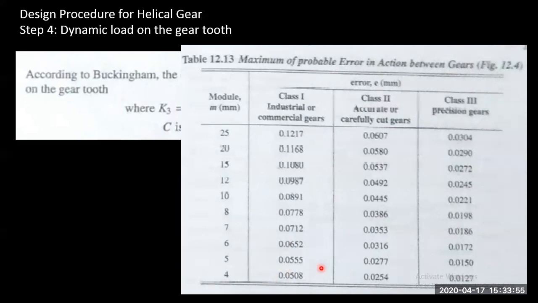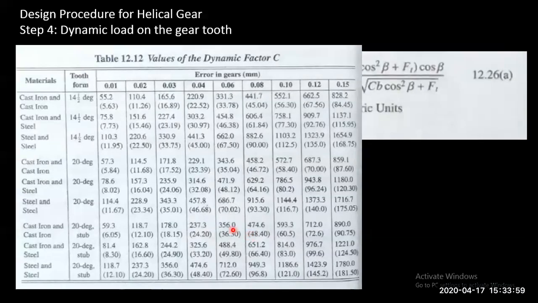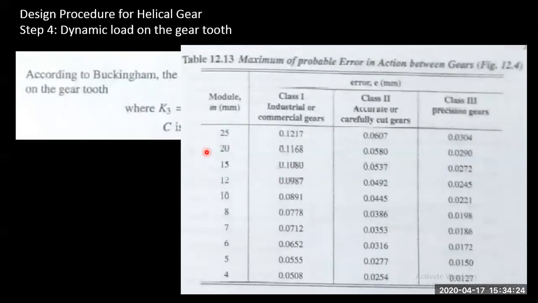We will not prolong this further. Just some value, whichever value is nearer here. Let's see. Error. We are designing with gear. Gear is cast steel. Steel and steel only. So steel and steel with error.